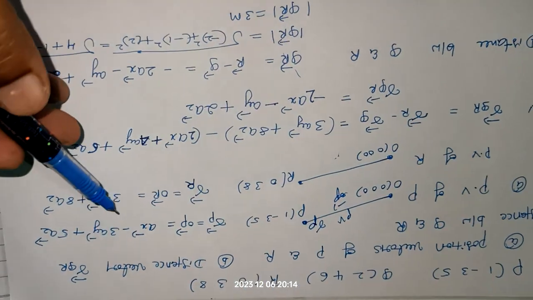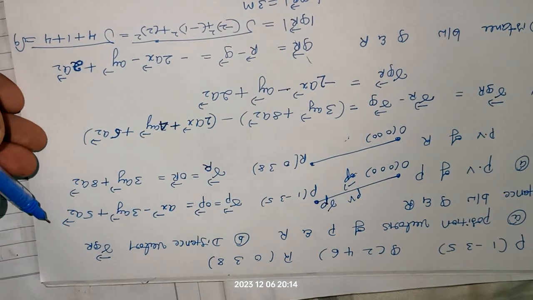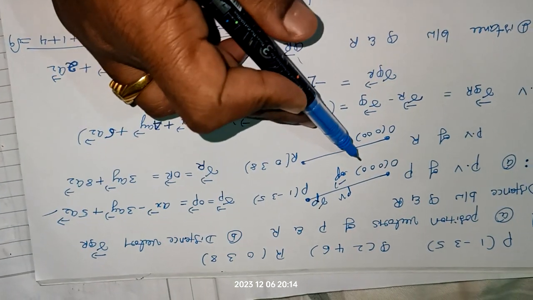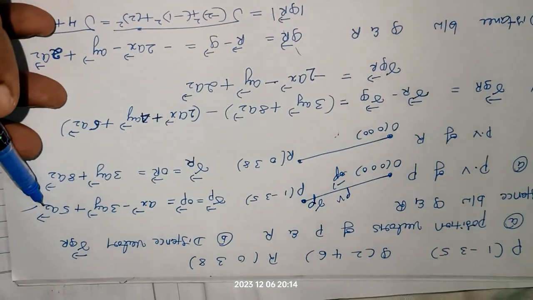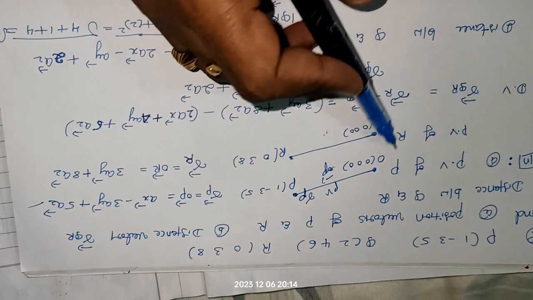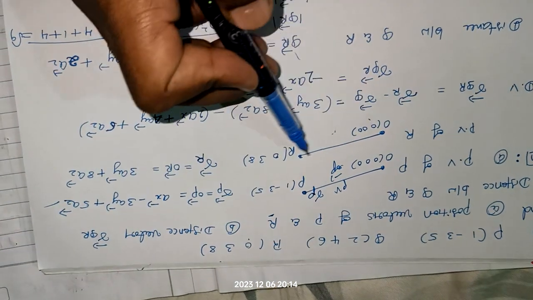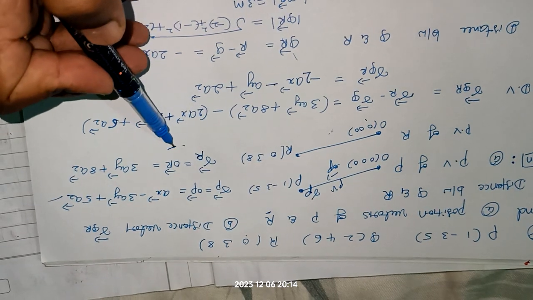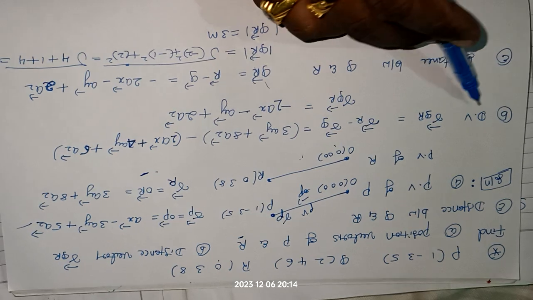How to calculate this? Same: ending vector minus starting point vector. Since the origin values are all 0, you will get 3ax minus 3ay plus 5az. Similarly, they have asked the position vector of R. R is here, so take this line and find the vector like this. Next, part B, the distance vector.